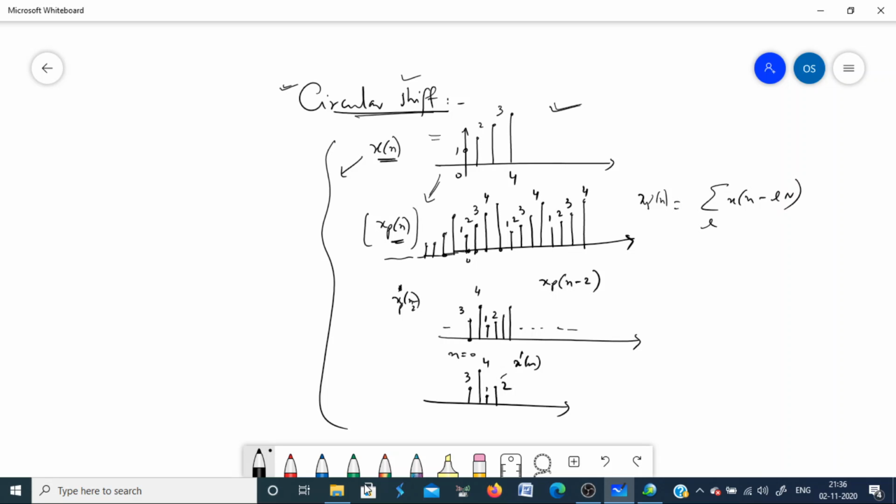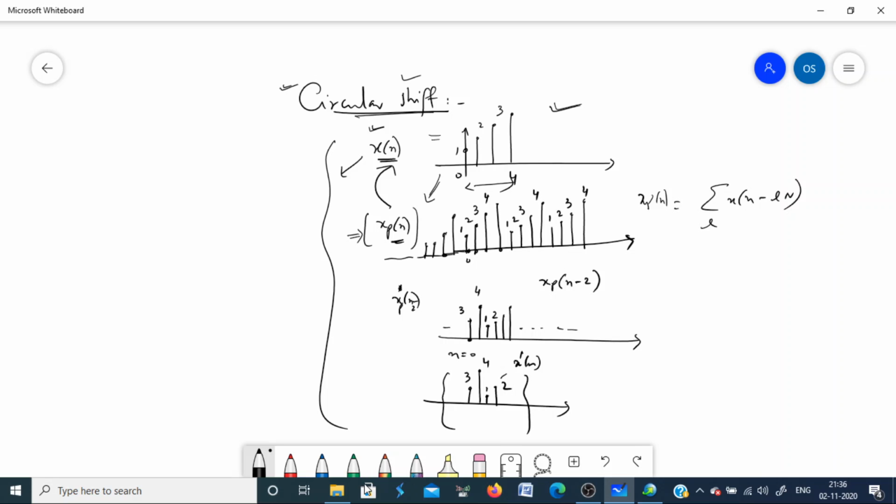In fact, this is what you recover from the samples of the DFT. You cannot recover x[n] directly, but from this sequence you can recover x[n] if you just take its first 4 samples. And if you shift this periodic sequence x_p[n] in time by 2 units and then you take its 4 samples, you will get this sequence.